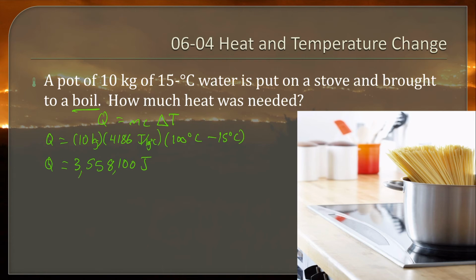When we were dealing with just regular mechanical energy, if we got 1,000 joules, that was pretty big. Now we're talking 3.5 million joules. So you'll probably write it as 3.56 times 10 to the 6 joules, or 3.56 megajoules.